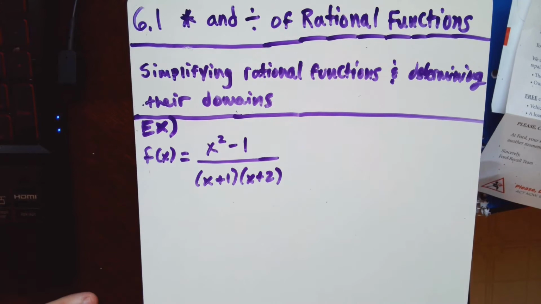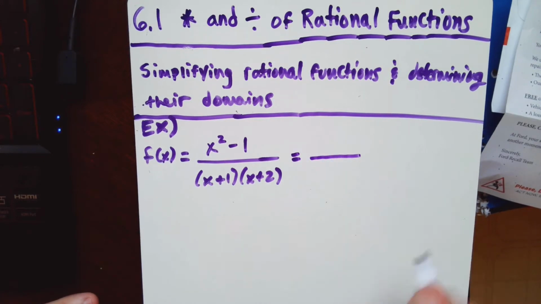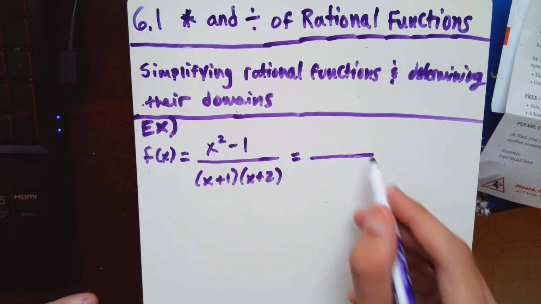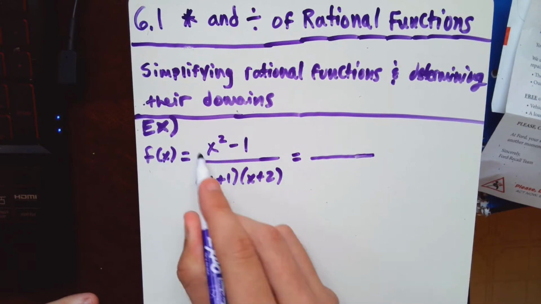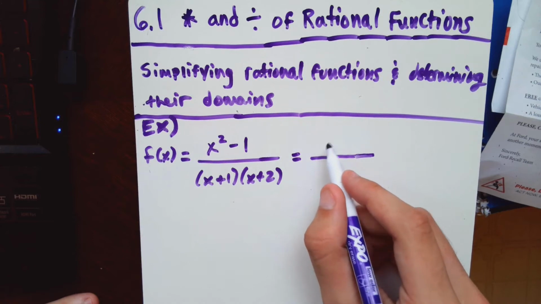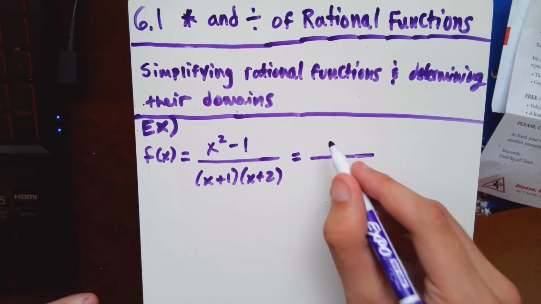All right. Well, the first thing we want to do when we're simplifying rational functions is to factor them and to see whether we can cancel factors. And we have to be careful when we're canceling factors. So this is a difference of squares, and recall that this is a squared minus b squared, and it becomes a plus b times a minus b.